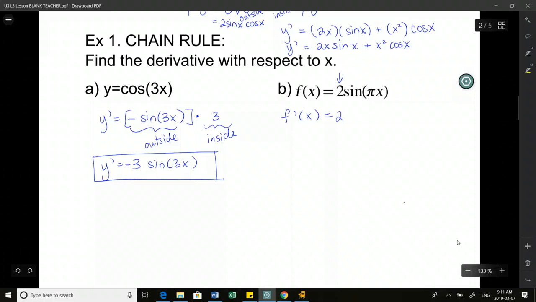Okay, so derivative of the outside, so we're doing derivative of this part, the derivative of sine is cos, times the derivative of the inside, so derivative of the inside is pi, so we'll have 2 pi cos pi x. Mark? Yep.